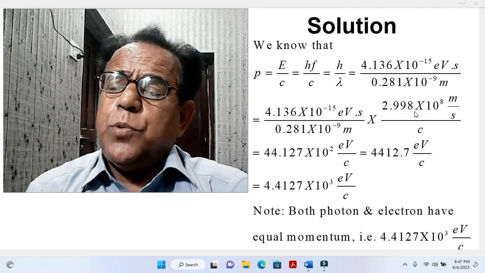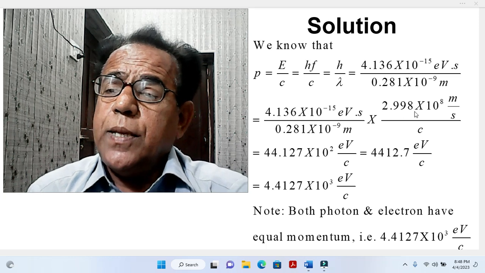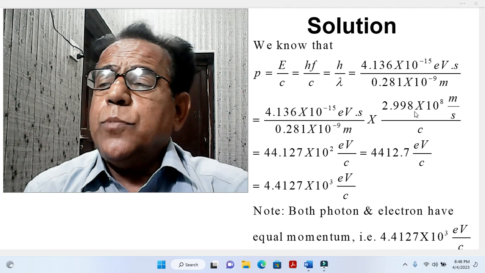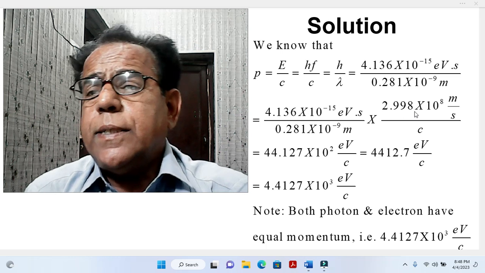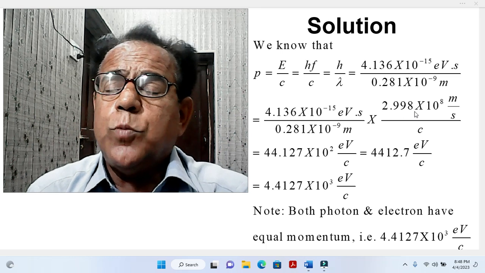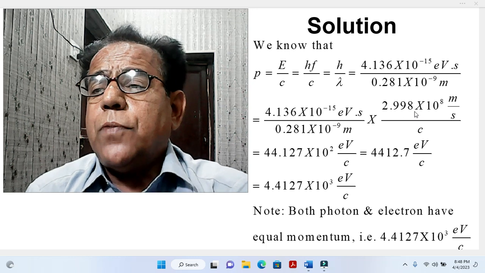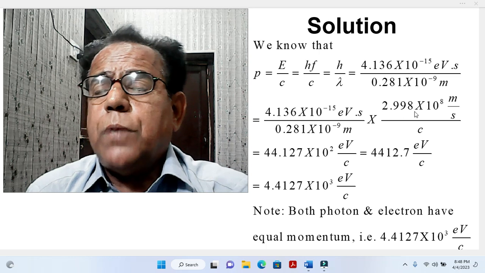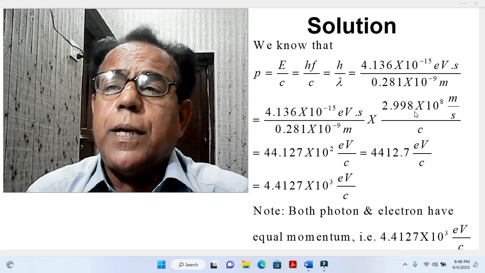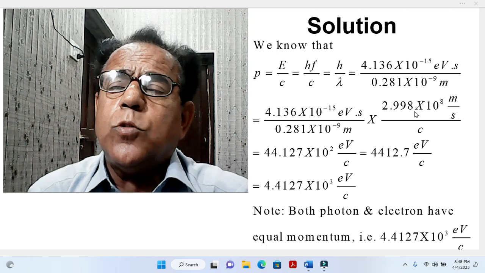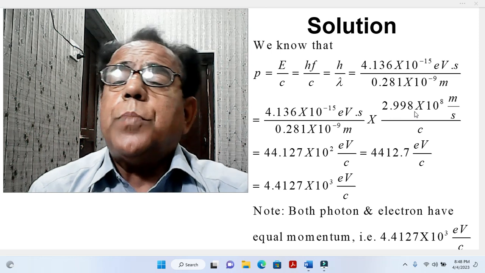Usually we denote quantities in terms of multiplication of 10 to power 3 or 10 to power minus 3, 10 to power 6 or minus 6, 10 to power 9 or minus 9, 10 to power 12 or minus 12, 10 to power 15 or minus 15, 10 to power 18 or minus 18, 10 to power 21 or minus 21, 10 to power 24 or minus 24.